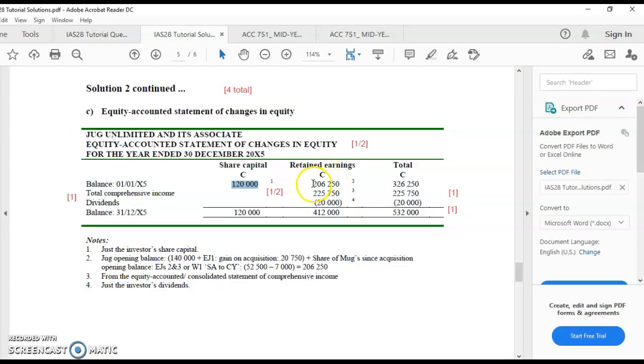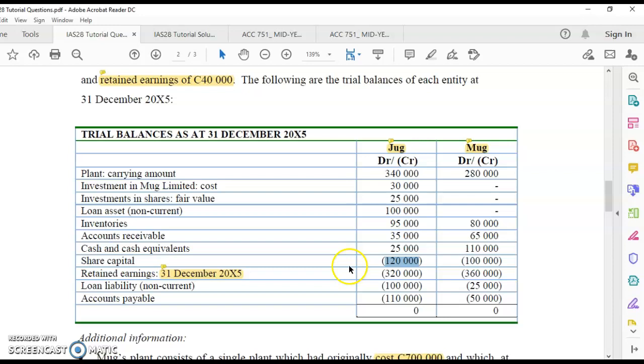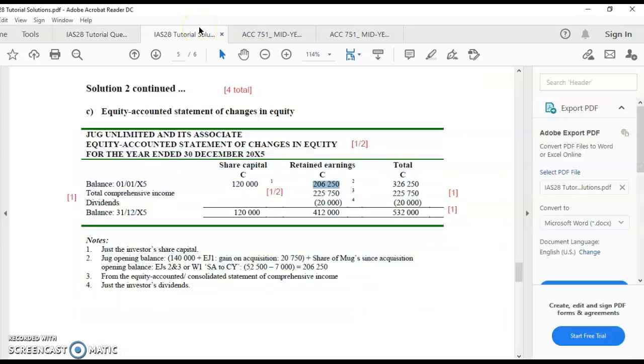And then the retained earnings is also just our balance as JAC, retained earnings of JAC, the opening balance. Then you add comprehensive income to your retained earnings opening balance. It was given to you, and you separate the dividends, and then you get the closing balances.